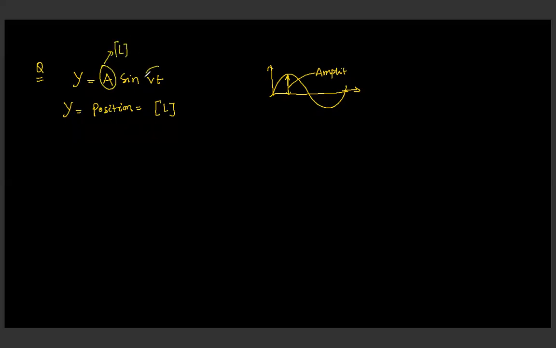Coming to vt, you know that anything in the argument of a trigonometric function must have no dimension, it should be dimensionless. Let's check whether it is dimensionless or not. vt should be dimensionless. But what is the dimension of vt? v is the speed or the velocity. I'm writing here, it is velocity. So it is Lt to the power minus 1 and t.